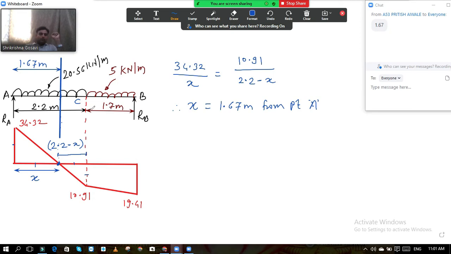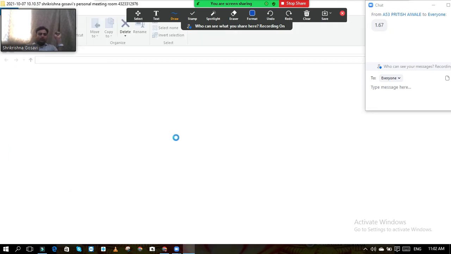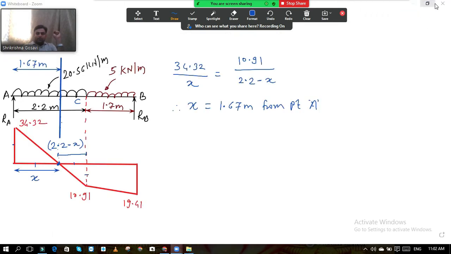Okay. On this side, three loads you have to consider, these two UDLs and reaction RB. So for shortcut, to save our time and the tedious job of calculation, we will do it. Okay, we will now take the section. Maximum bending moment is equal to, first this RA into what is the distance, 1.67 about this section.